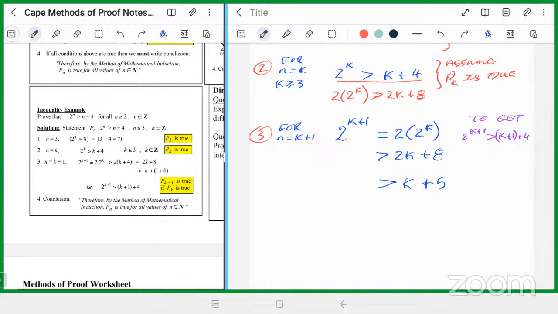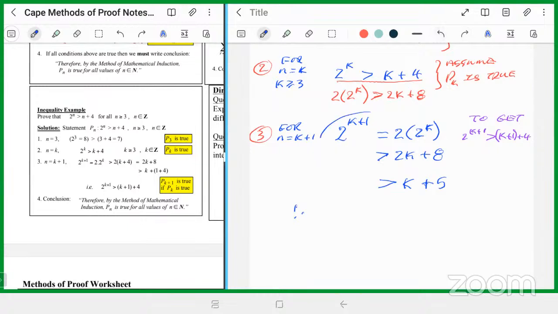Understand that? Yes, sir. Good. And so I can draw the conclusion and say, therefore, this thing, which is equal to this, is now greater than this, and this now is greater than this, so it still means that also this is greater than this.